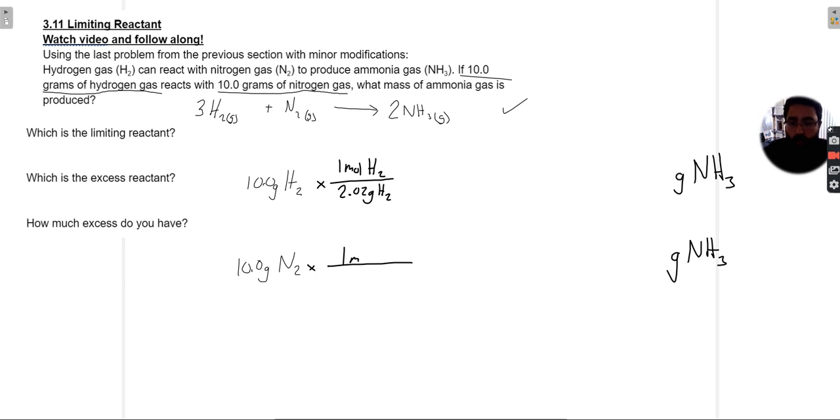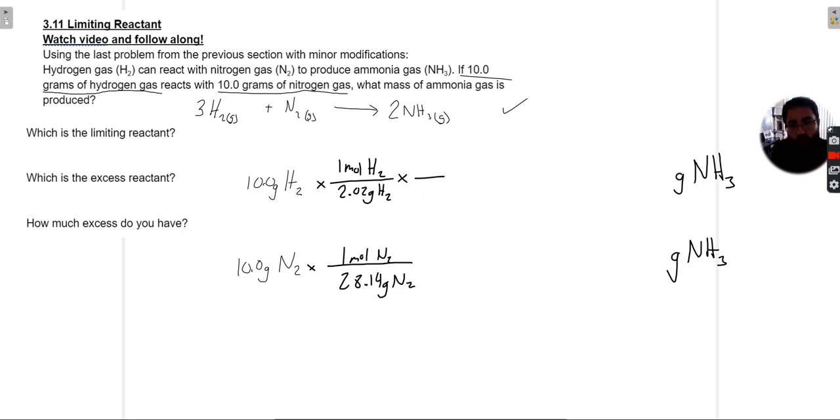Now over here we want 1 mole of nitrogen, and nitrogen is 14.07, so let's say 28.14 grams of nitrogen. Now we don't want moles of our starting substance, we want grams of our ending.